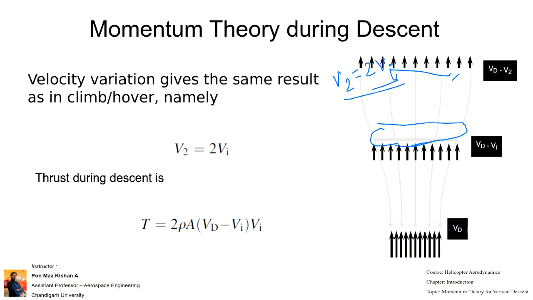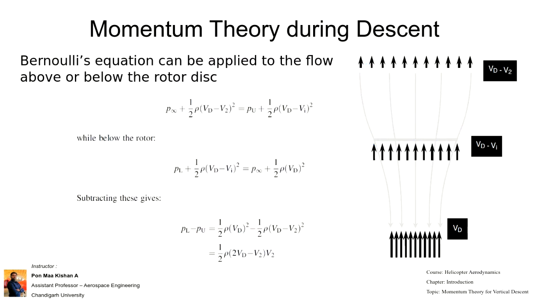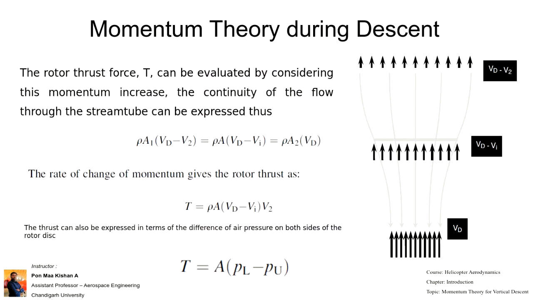The corresponding thrust, how much thrust has to be produced by the pilot: if you substitute V2 in the mass flow rate equation, it gives 2 rho A (Vd minus VL) into VA.